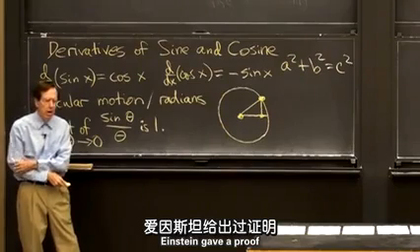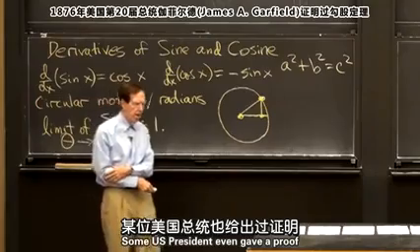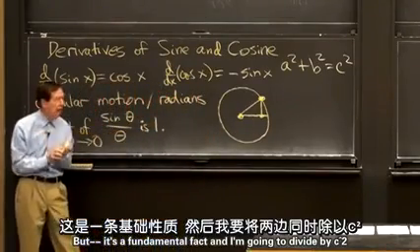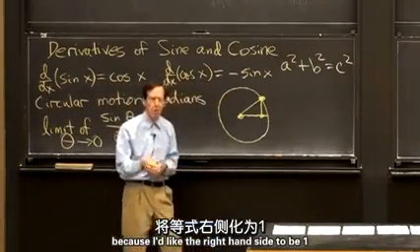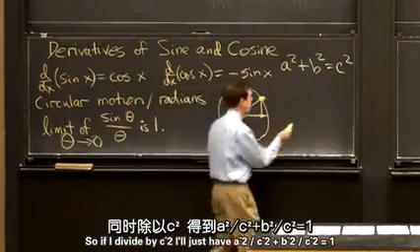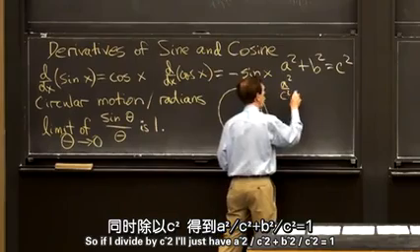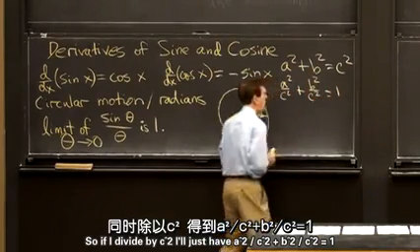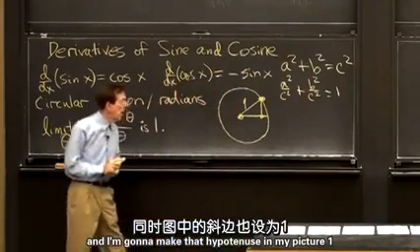Einstein gave a proof. Some U.S. president even gave a proof. So it's a fundamental fact, and I'm going to divide by c squared because I like the right-hand side to be 1. So if I divide by c squared, I just have a squared over c squared plus b squared over c squared is 1. And I'm going to make that hypotenuse in my picture 1.